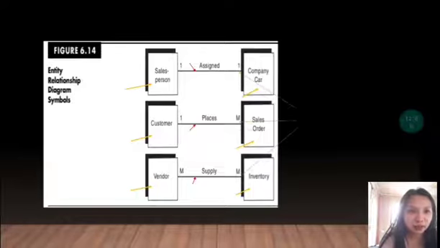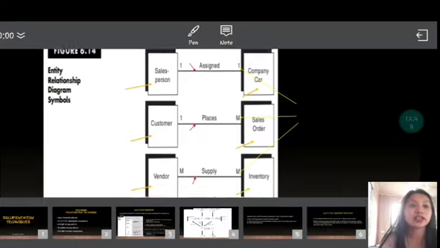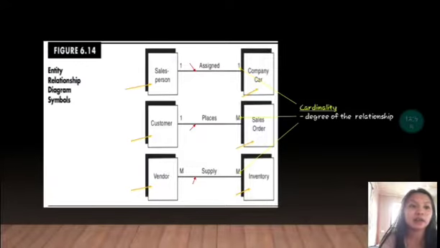The last symbol would be the numerical mapping between the entity instances. This is called the cardinality, or the degree of relationship. So, as you can see, there are numerical mappings: 1:1, 1:many, and many-to-many. So, the explanation is: one salesperson is assigned one company car.